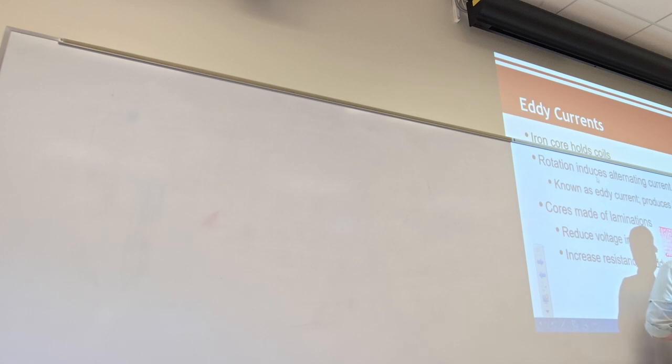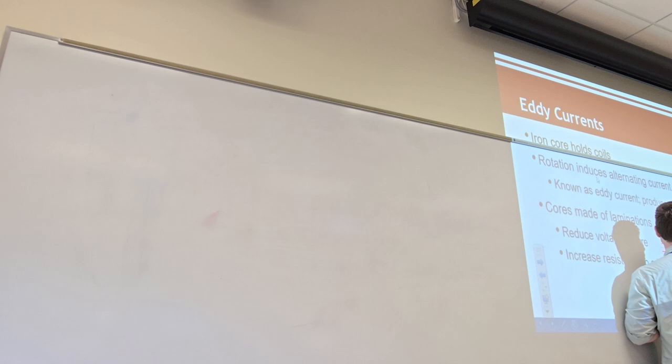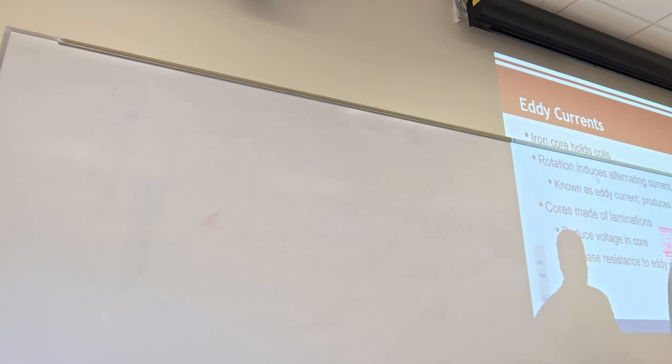So we create our block again, but we make it out of stacks of sheets of material. And in between those sheets, we put some kind of insulator, a piece of paper or plastic that will keep those individual layers from touching each other. So any eddy currents that occur can only occur within that layer, within that one sheet, okay?